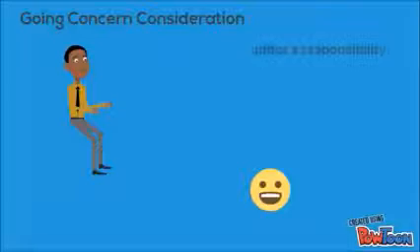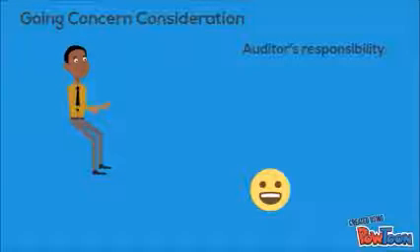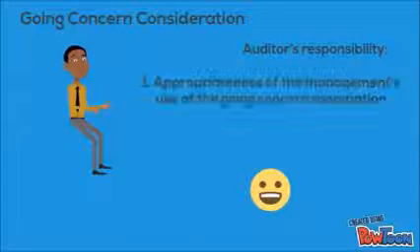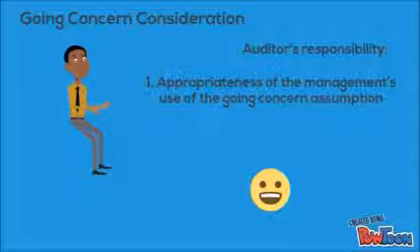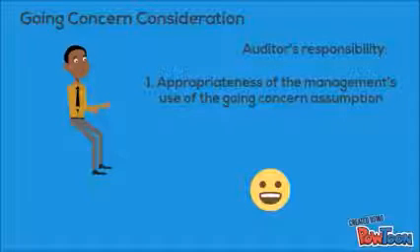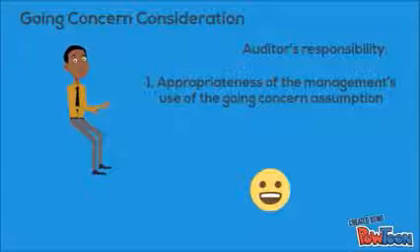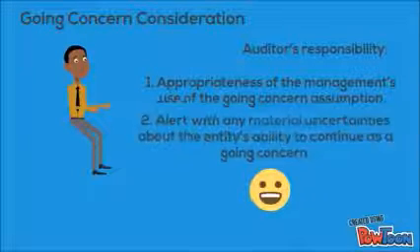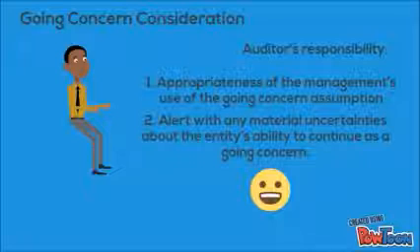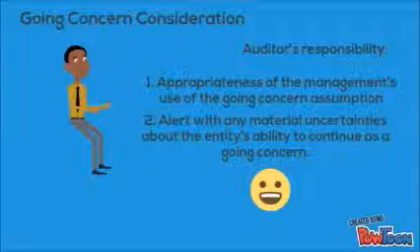Next is the auditor's responsibility in going concern. First, they must consider the appropriateness of management's use of the going concern assumption in the preparation of financial statements. Second, they must be alert whenever there are any material uncertainties about the entity's ability to continue as a going concern.